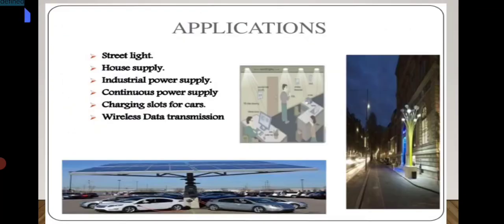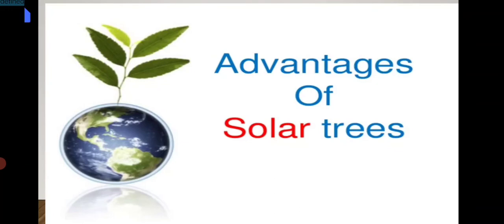Let's come to the next point. Applications. It is used for street light, house supply, industrial power supply, continuous power supply, charging slot for cars, wireless data transmission. Then let's come to the advantages of solar tree.